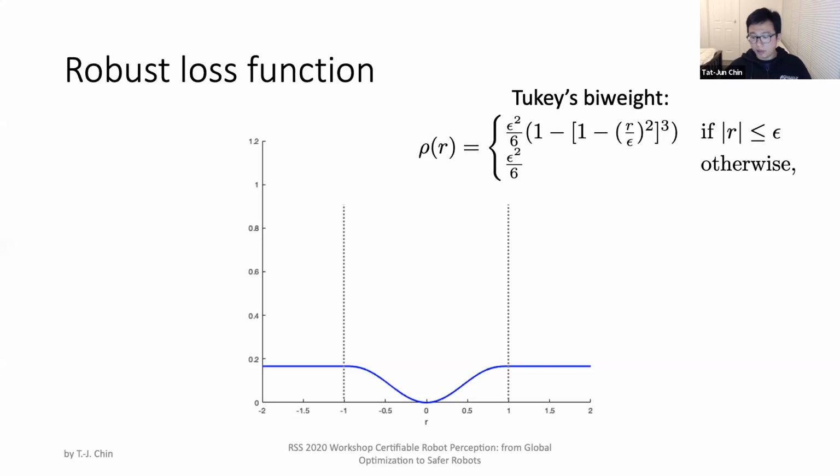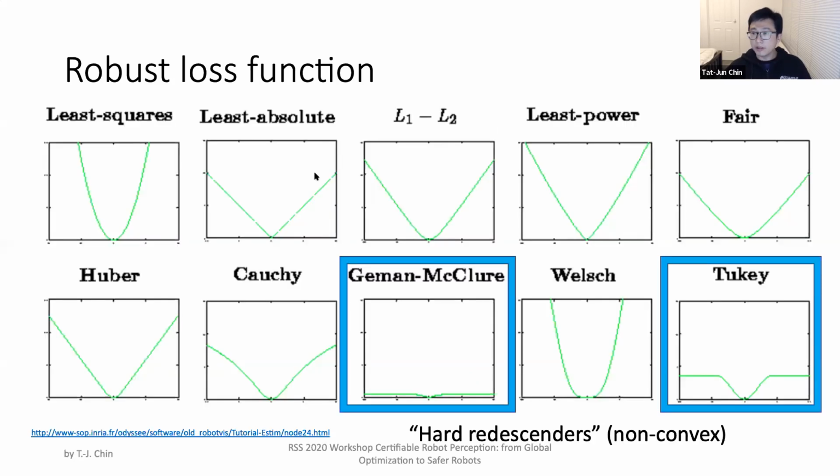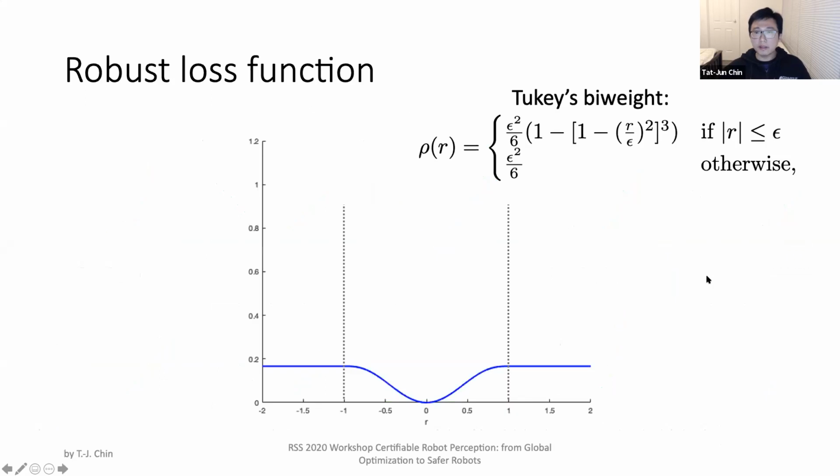It's called Tukey's biweight, the last one here. That's the mathematical formula for it. You can imagine it as some kind of a truncated L2, but it's not really. It's allowing the inlying points to influence the estimate, but the outlying points after a certain threshold stop influencing the estimate.